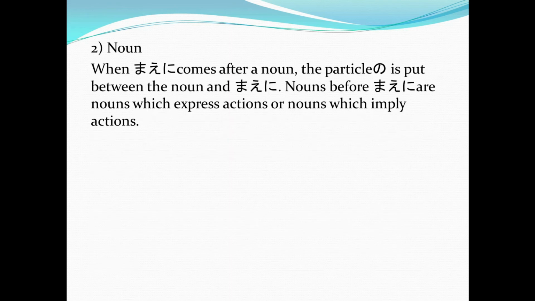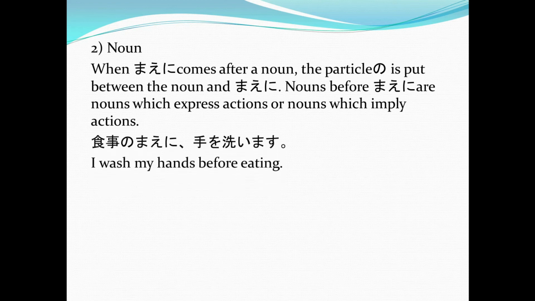So in noun, when maeni comes after a noun, the particle no is put between the noun and maeni. Nouns before maeni are nouns which express actions or nouns which imply actions. Example, Shokuji no maeni te o araimasu.